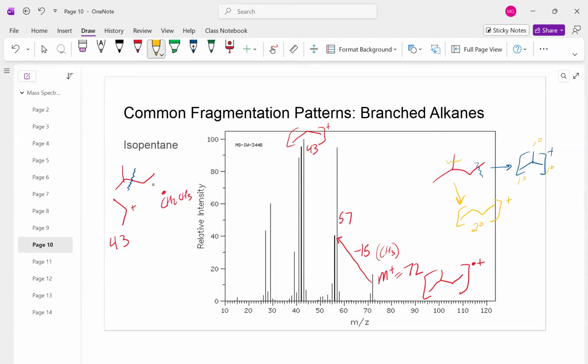Okay, especially if it's going to come off, if it comes off this end here, this carbon is a primary carbon, versus this one ends up being a secondary carbon.